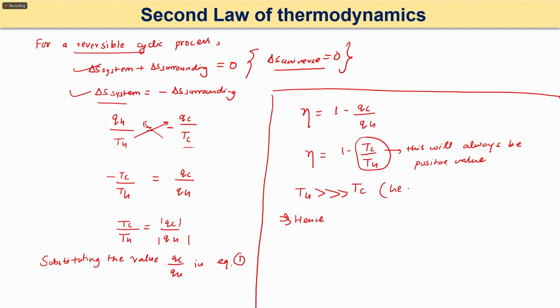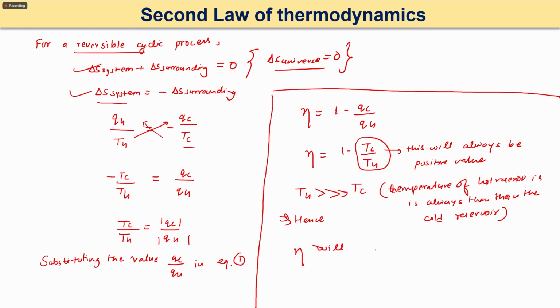That means the temperature of the hot reservoir is always greater than the temperature of the cold reservoir. If this is the case, your efficiency, that is eta, will always be less than 1.